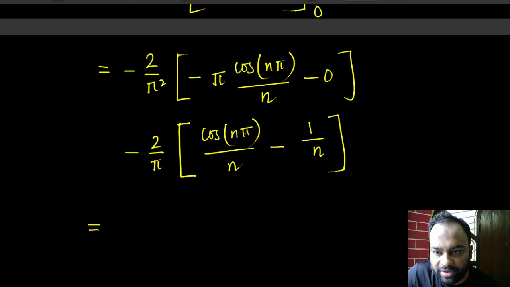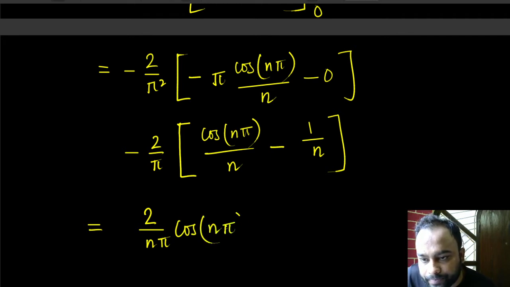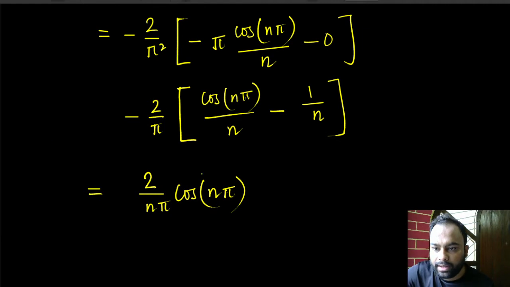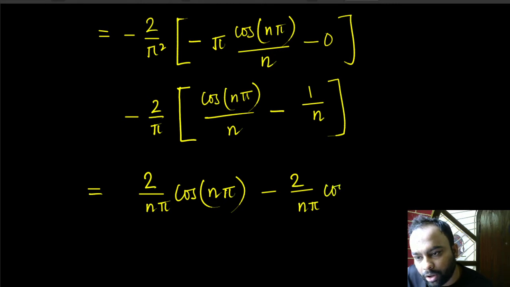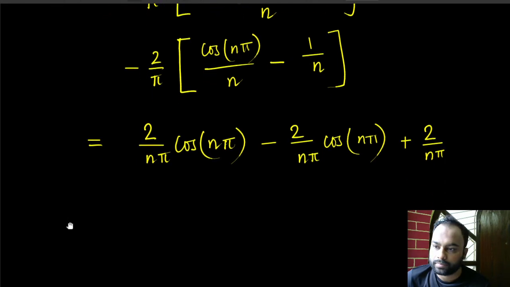So if I now simplify further and multiply everything, what do I see? I see that it's 2 by n pi, the minus signs cancel out, one of the pi cancels out, I have 2 by n pi cos n pi, then I have a minus 2 by n pi cos n pi, and then a plus 2 by n pi, right?